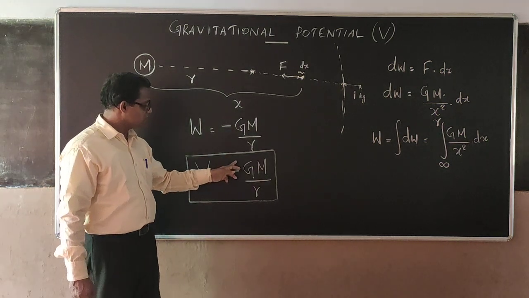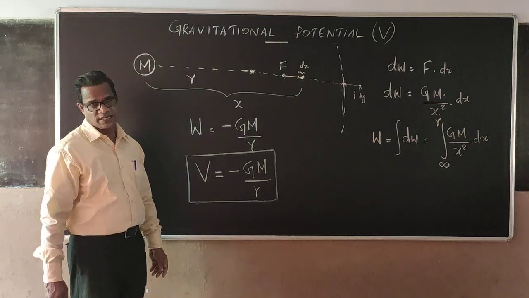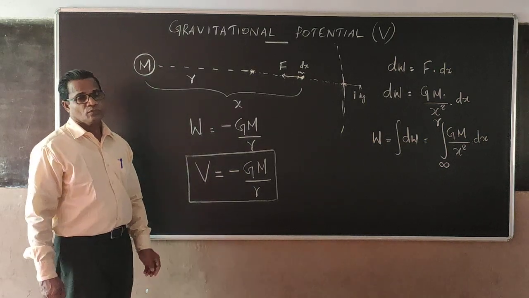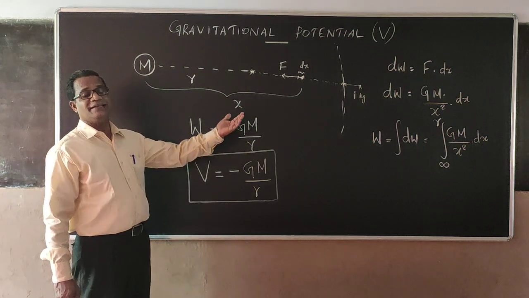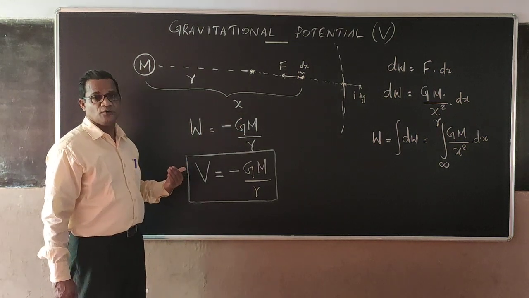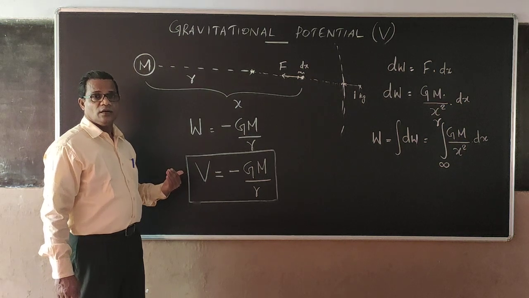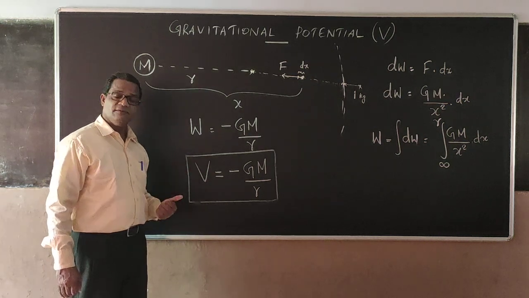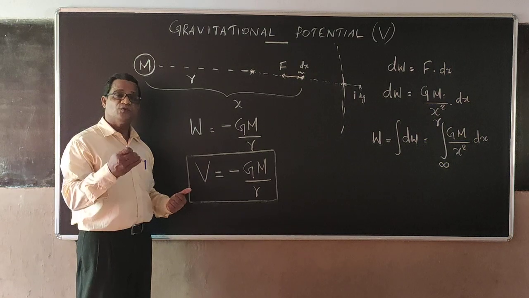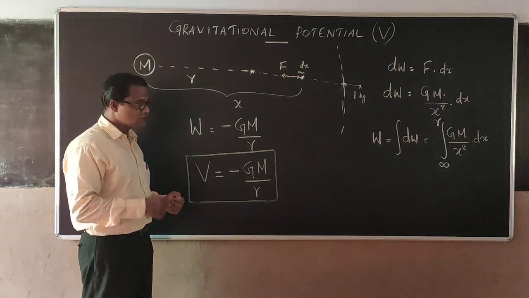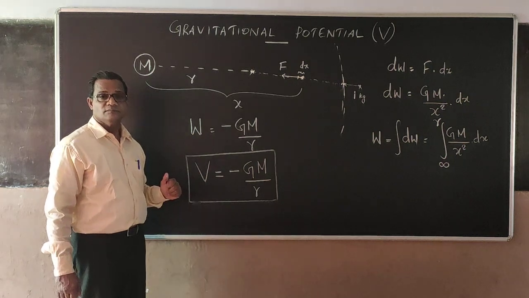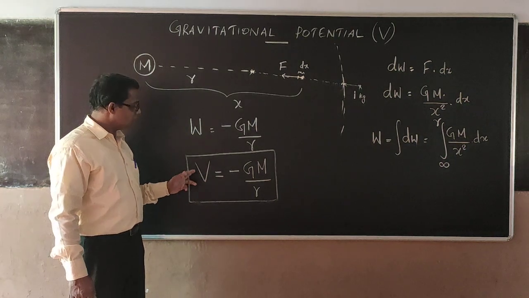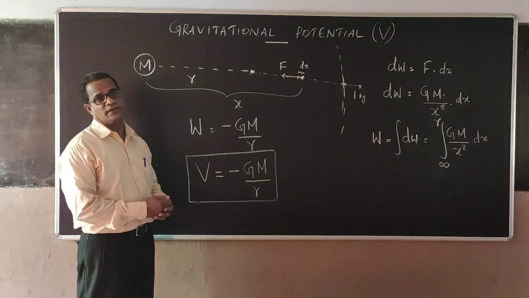That reducing energy is given by this negative sign. Or you can say the work is done by an attractive force and therefore it is negative. Attractive force is assumed as negative force, so work done by a negative force is negative. That is how we are getting this negative sign.